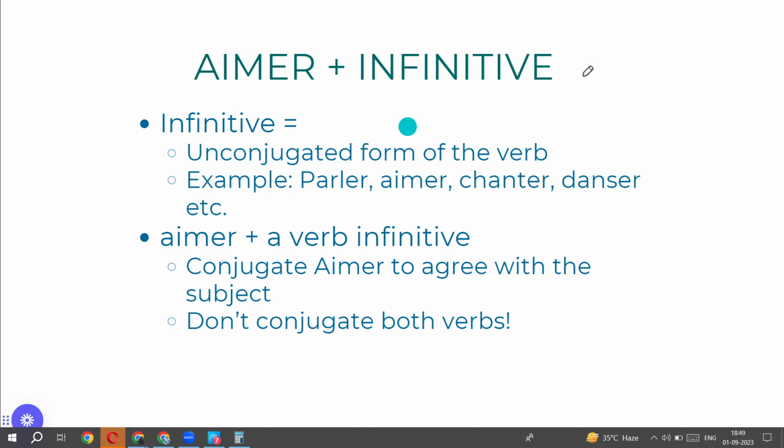Whenever you're conjugating a verb with another verb, suppose je sais parler, you don't conjugate the parler here. You leave it like that. J'aime danser.